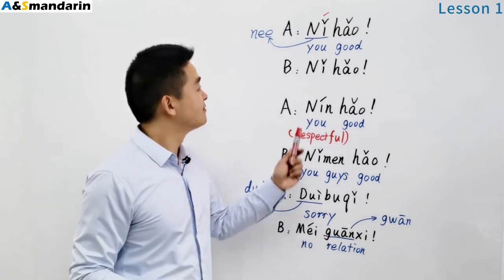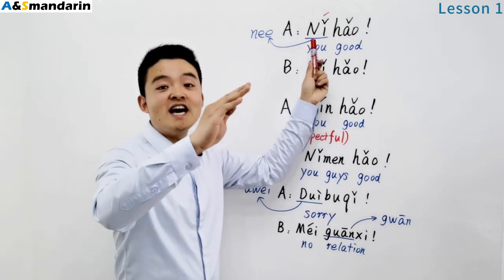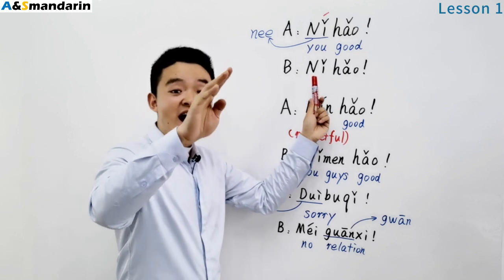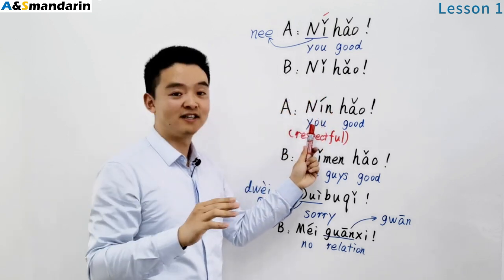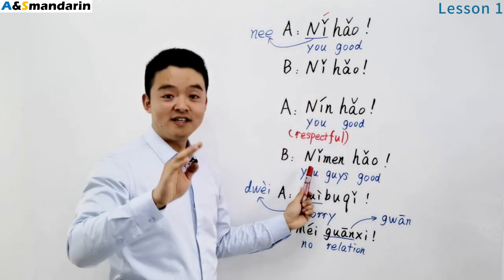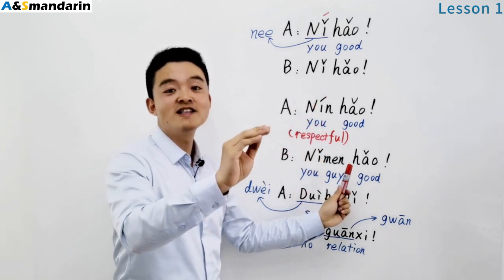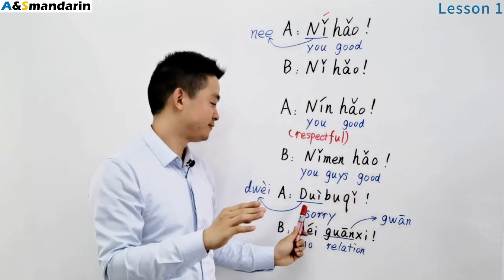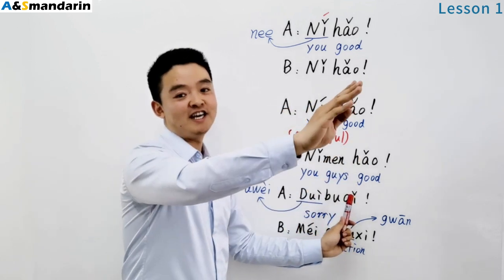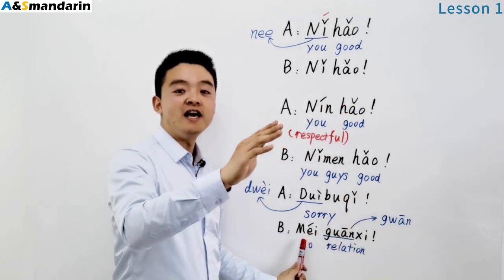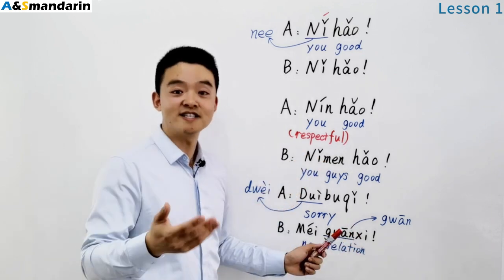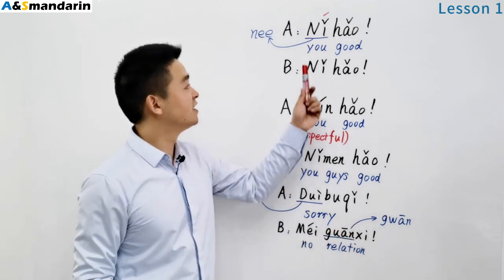Read after me. 你好，你好，您好，你们好，对不起，没关系。The second time at the normal speed.